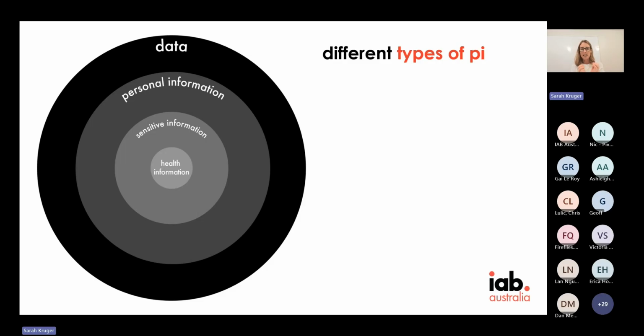So health information is an even smaller pool of information, which is information about your health, disability, and use of health services. Now, I will mention this later. I will mention it now because it's really important, I think, to remember. You can inadvertently use sensitive and health information.